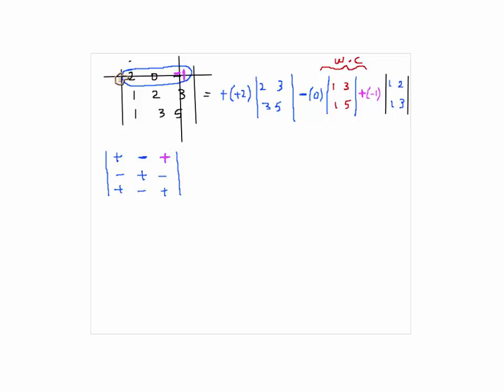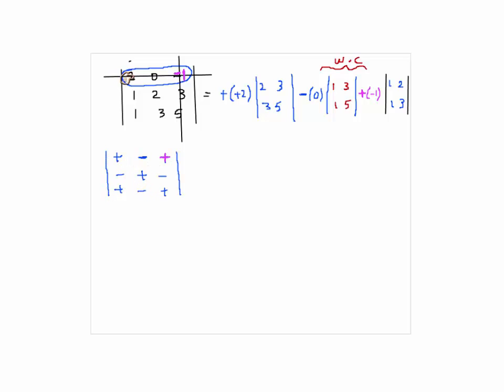Okay, let's review this quickly. First, you pick a row or column. You preferably look for a row or column that contains more zeros in there, so we don't have to worry about these minor matrices that need to be multiplied with these elements. Make sure that you know the sign of each element. The first sign always is positive, and all the signs alternate between plus and minus.